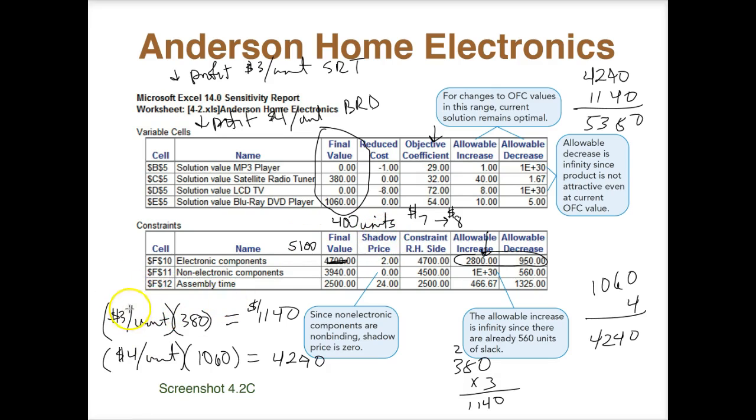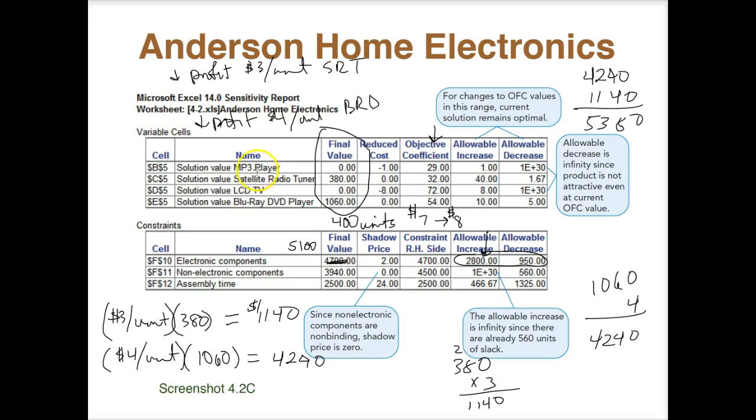Oh, you know what? I did that wrong. I just realized that. The 380 goes with the satellite radio tuner, and that was $3 off. And the 1,060 goes with the $4. I think I got these mixed up here.